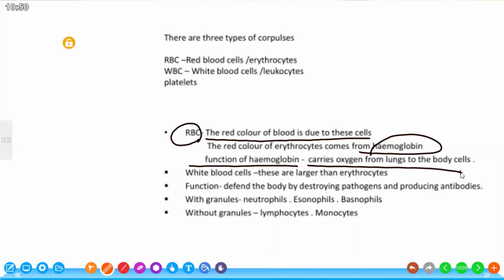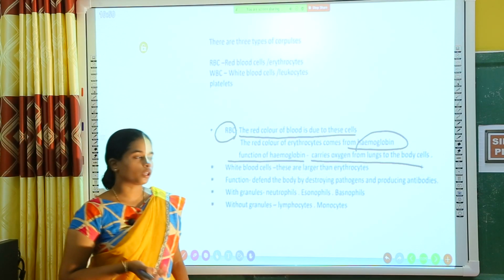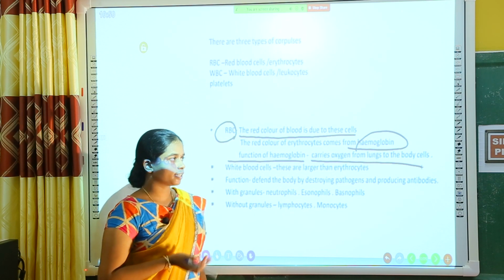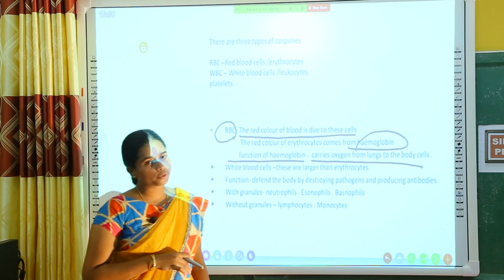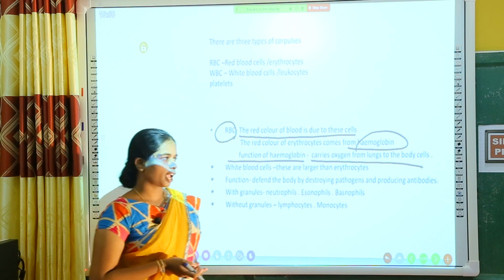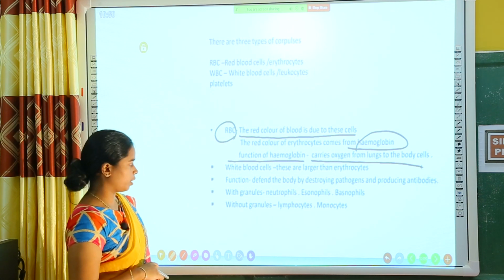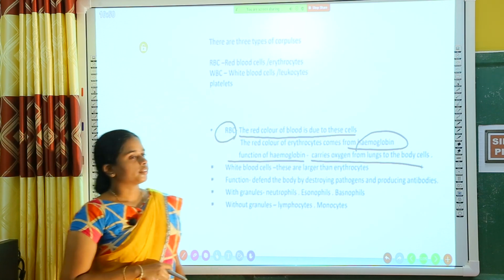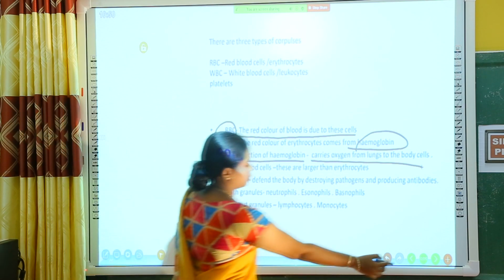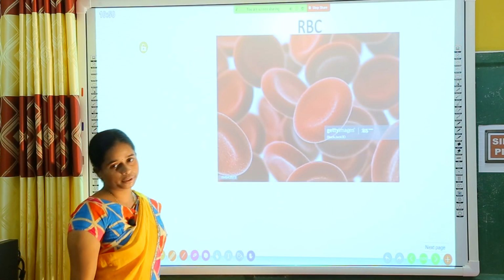So if the level of hemoglobin is reduced in the blood, anemia will be caused. The symptoms of anemia are tiredness and weakness. Here you can observe the RBC.